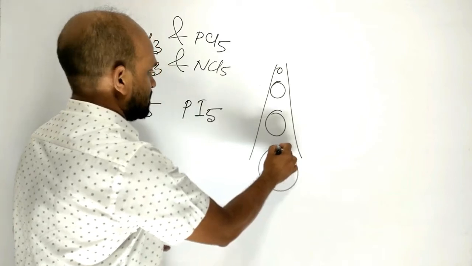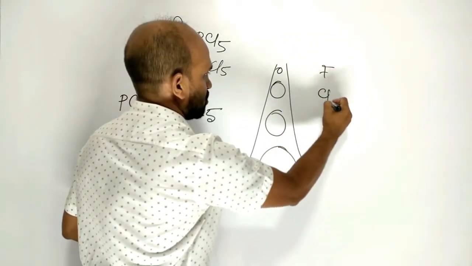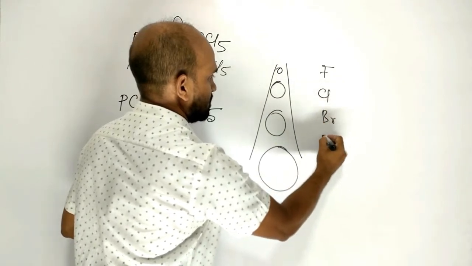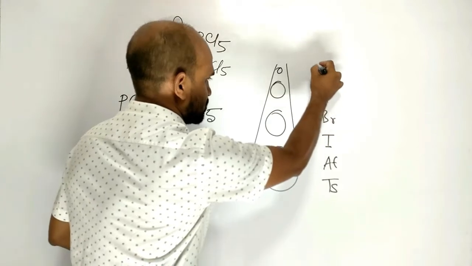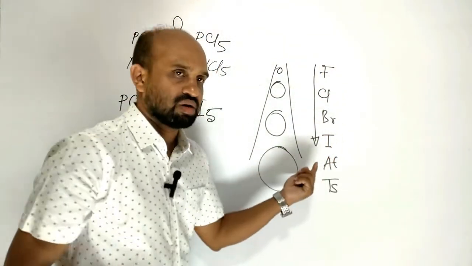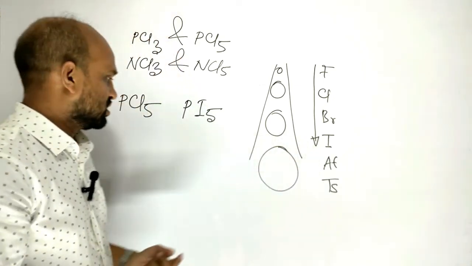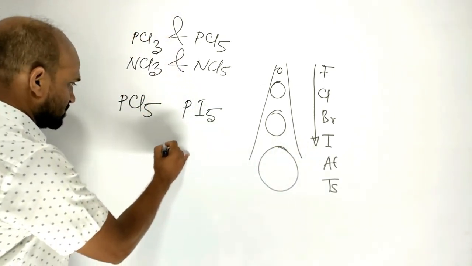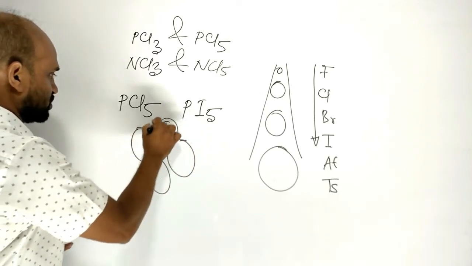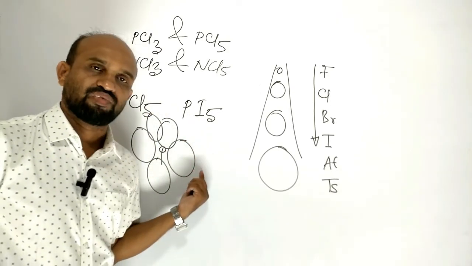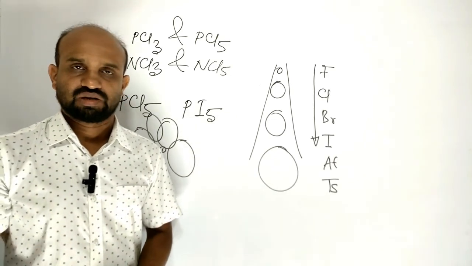The position of halogens is fluorine, chlorine, bromine, iodine, astatine, tennessine. So the atomic size of iodine is very large. That is why accommodating 5 iodine atoms around phosphorus becomes very tough.